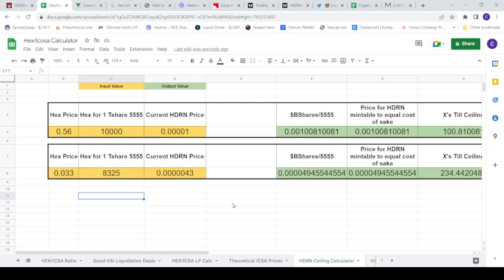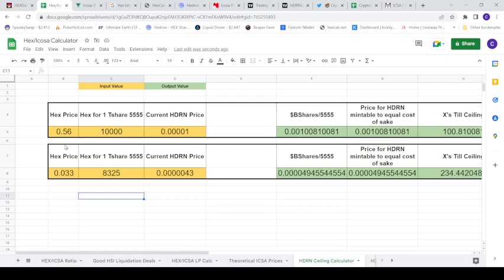Yeah, so this is just another good Moonmath calculator. You don't really think the ceiling price will get hit because as Hex moves up in price, so will Hedron. So I think maybe the ceiling price number of X's might stay somewhat stagnant, but I don't know for sure.